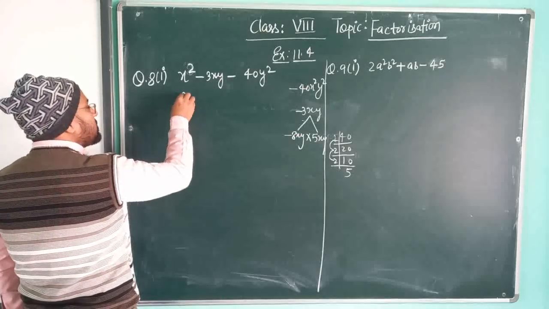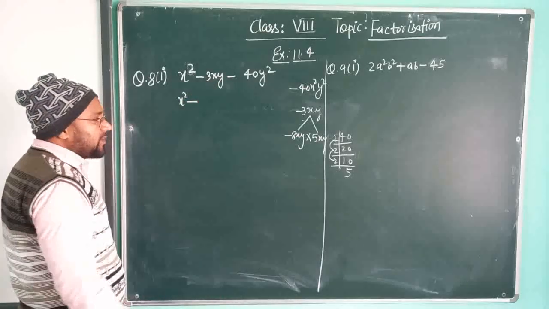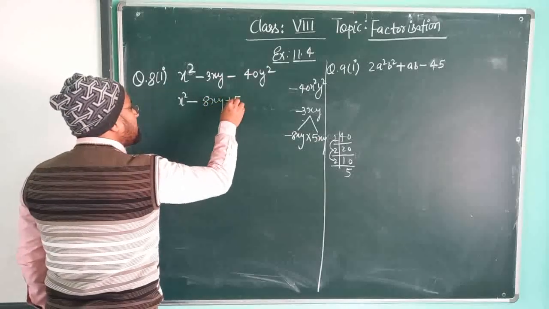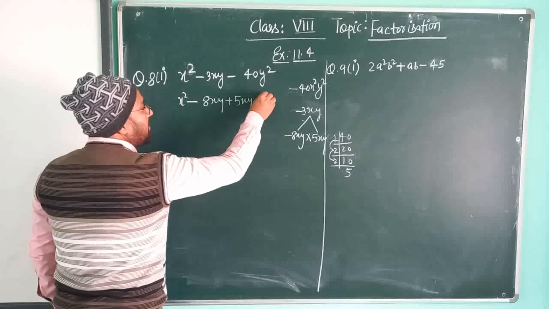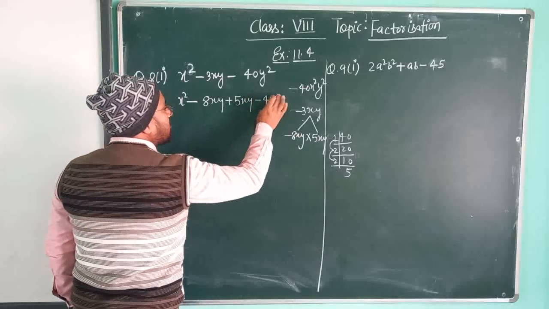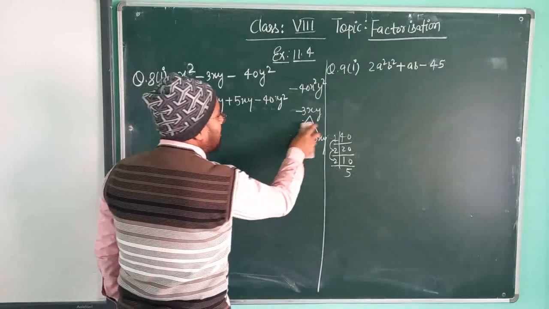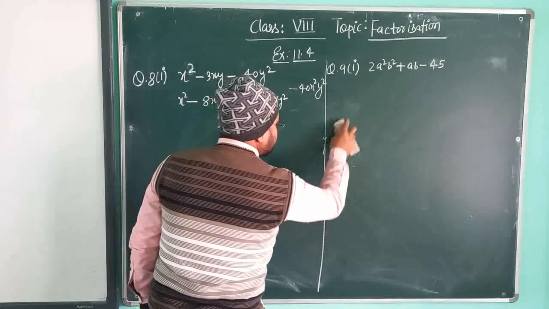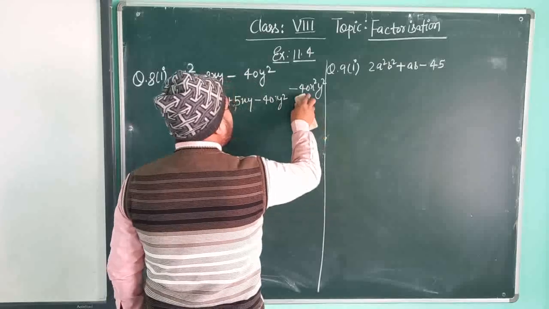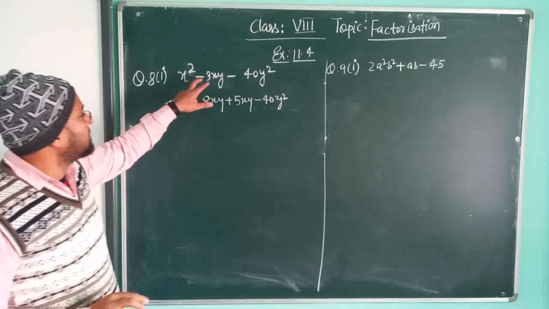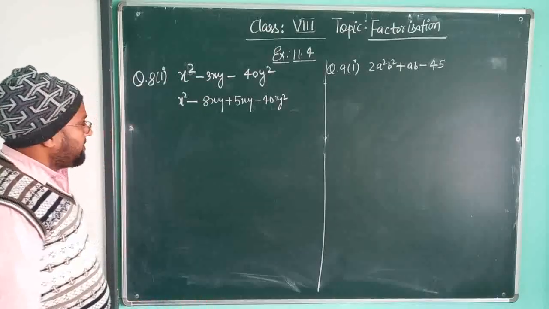So x², in place of minus 3xy, I am going to write minus 8xy plus 5xy minus 40y². This much is our work, to understand how to break this middle term minus 3xy.